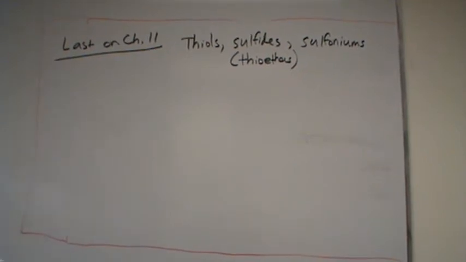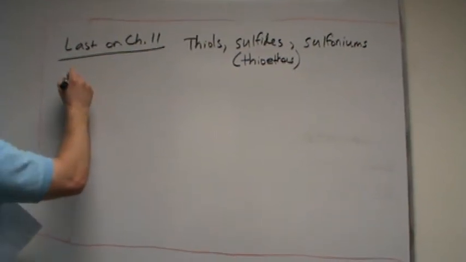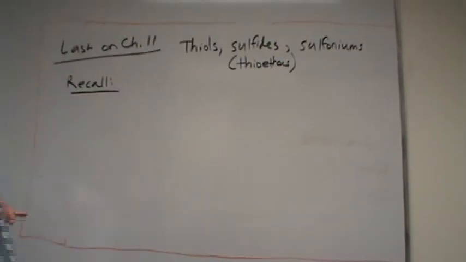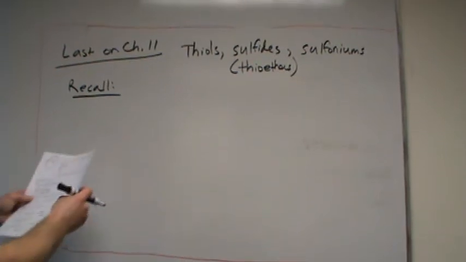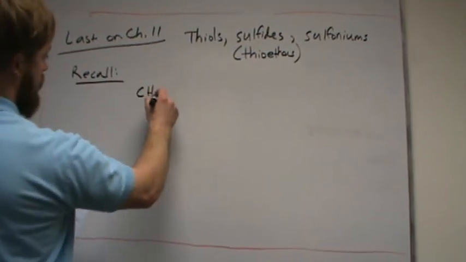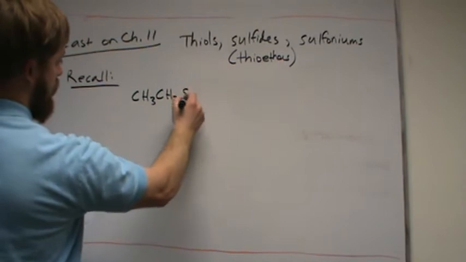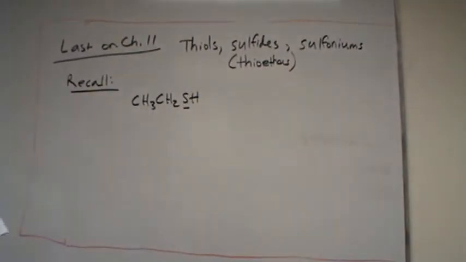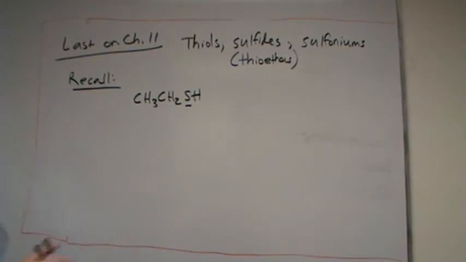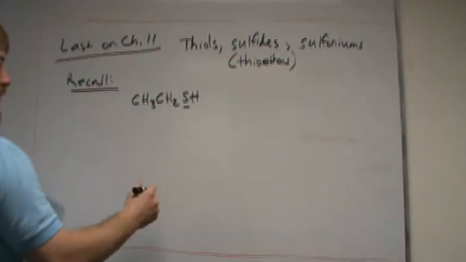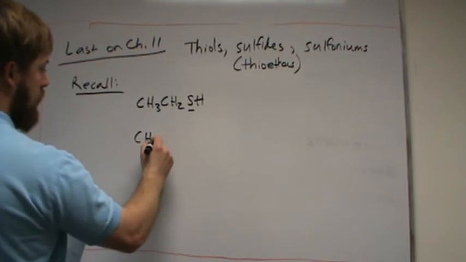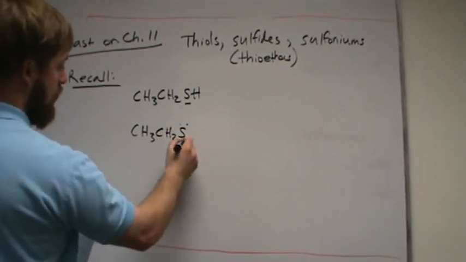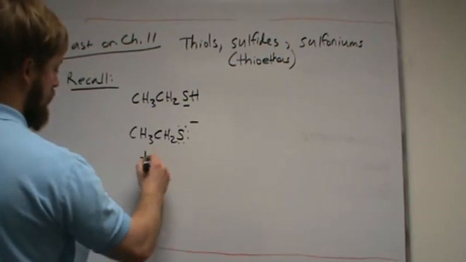All right. So recall that a thiol is just like an alcohol, except we got a sulfur atom instead of oxygen. Okay, sulfur instead of oxygen. That would be ethane thiol. All right. If we deprotonate this, we would form what's called a thiolate.